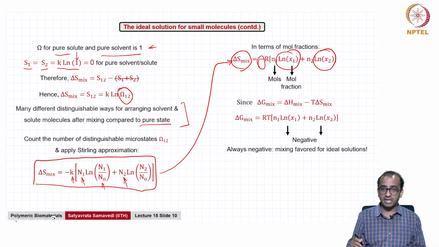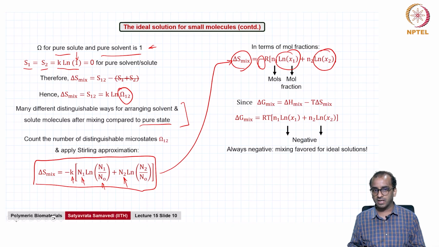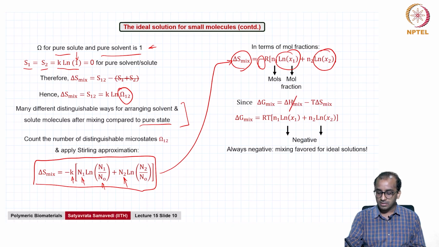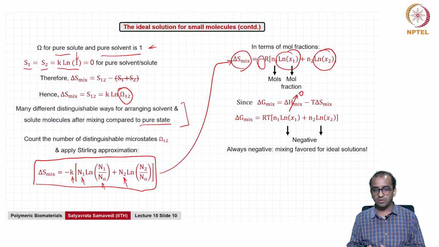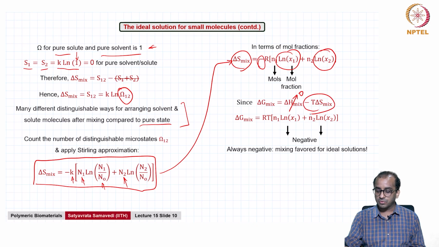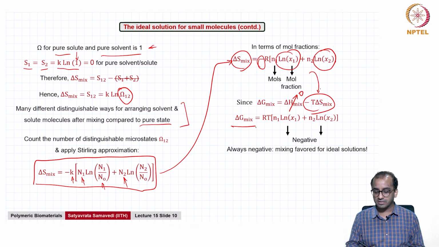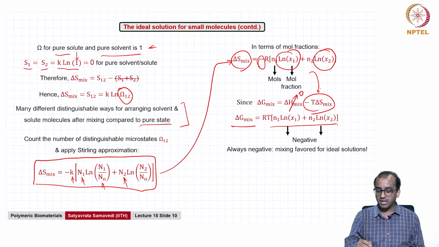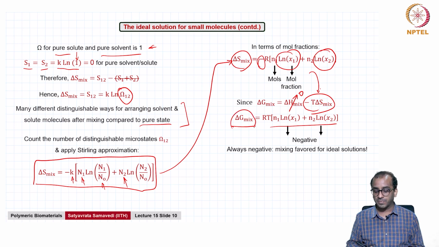So, if you have to calculate delta G, which is the change in Gibbs energy due to mixing, this term is 0 because it is ideal mixing. 1-1 and 2-2 interactions are the same as 1-2 interactions. So, if you simply substitute the expression for delta S here, you see that delta G mix is going to be RT times n1 log x1 plus n2 log x2, and like I said, these terms will be negative, making delta G overall negative, and that mixing is favored for ideal solutions.